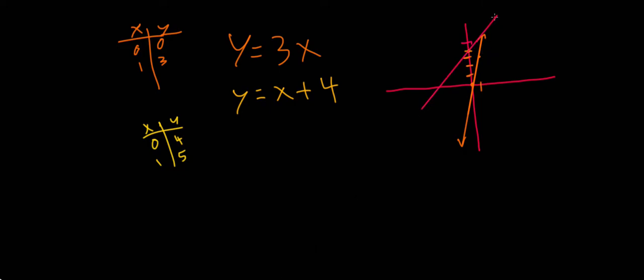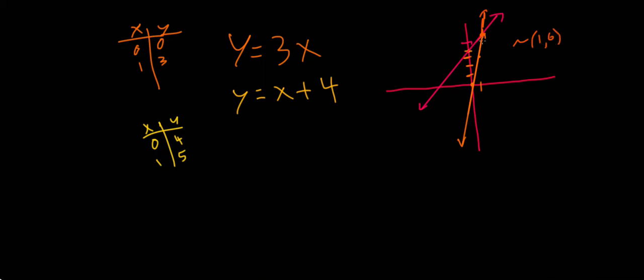All right, so let's extend the first line actually, so we can kind of see where they cross. As we extend this line a little bit, we see that they cross somewhere around here, which looks to me like maybe 1, 6 or something like that.